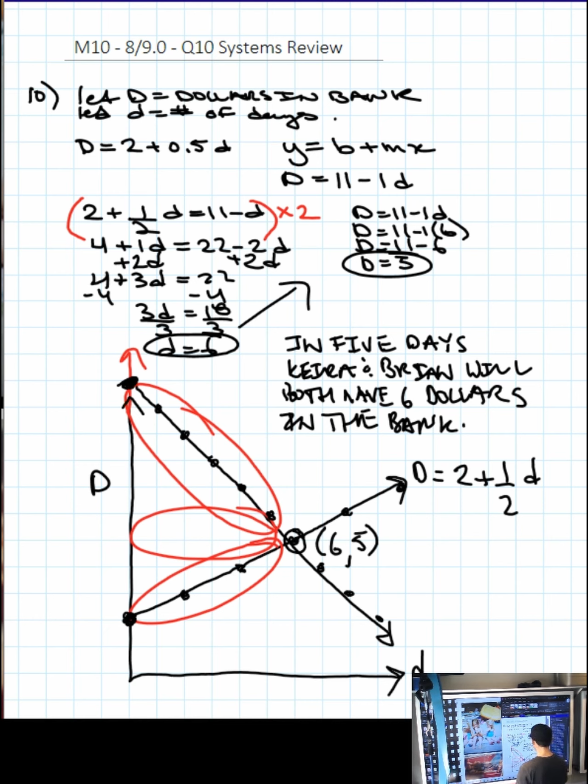And then above, over here, Kiera has more money in the bank than Brian does. Kiera is saving her money. Brian is spending his money. Therefore, at some point in the future, and specifically in 6 days, they will simply have the same value of $5 in their bank account.